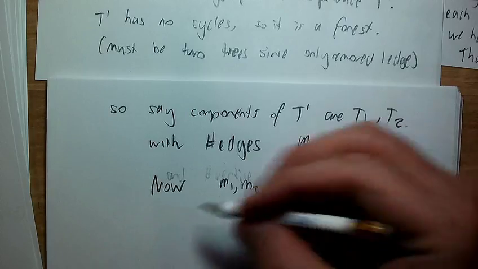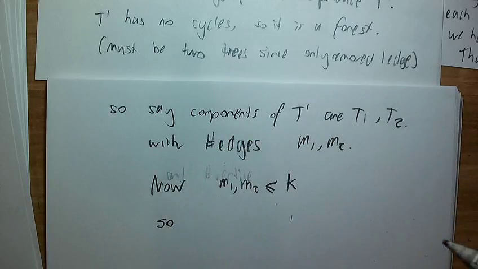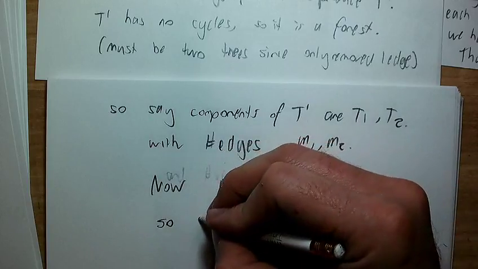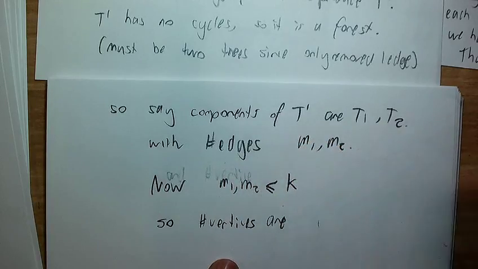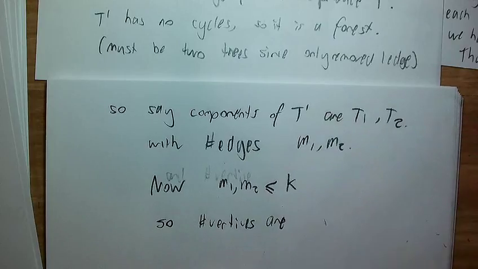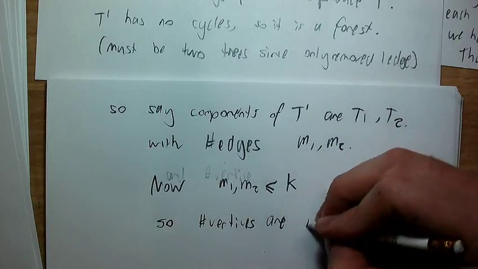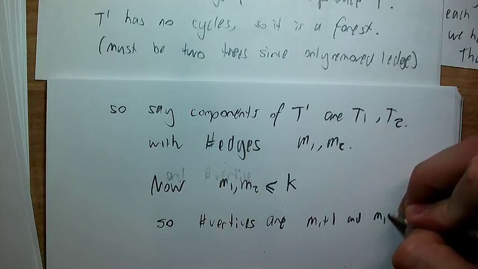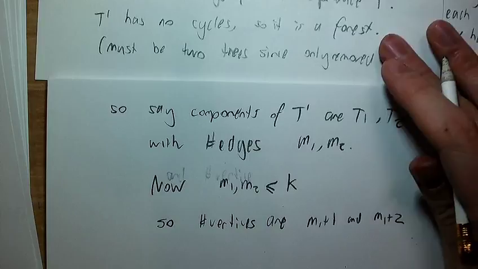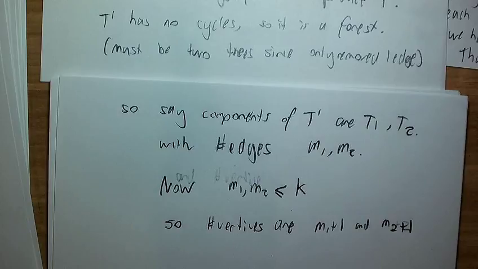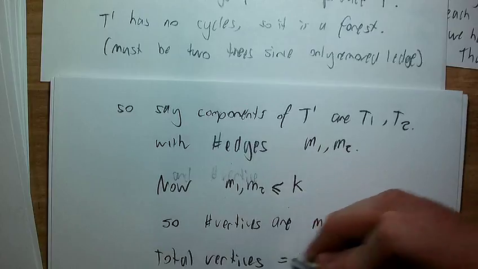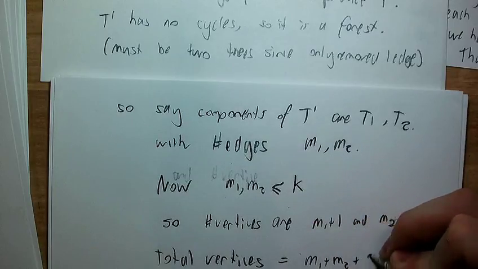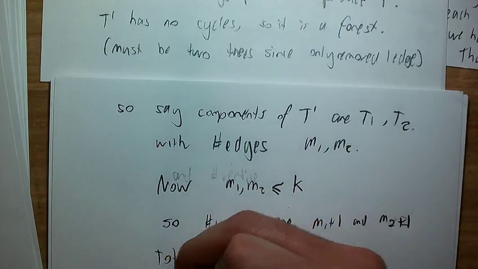But they're both less than or equal to K, so because we assume that this works for anything less than or equal to K, their number of vertices are M1 plus 1 and M2 plus 1, good job. They're plus 1 for both of them, so the total vertices is M1 plus M2 plus 2.